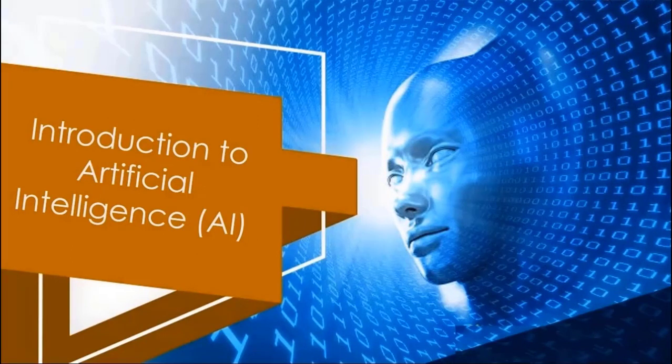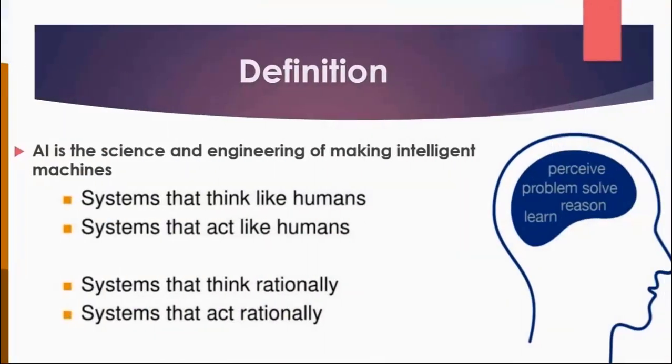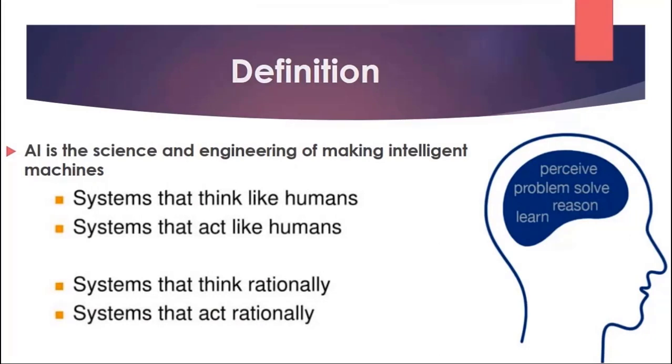I will first briefly talk about artificial intelligence. The first question is, what exactly is artificial intelligence? Artificial intelligence, or AI, is the science and engineering of making intelligent machines.